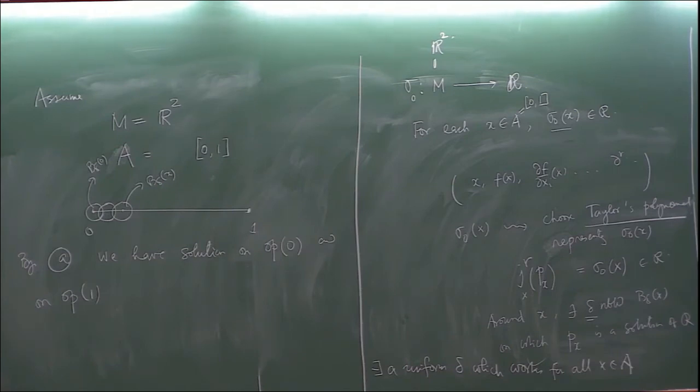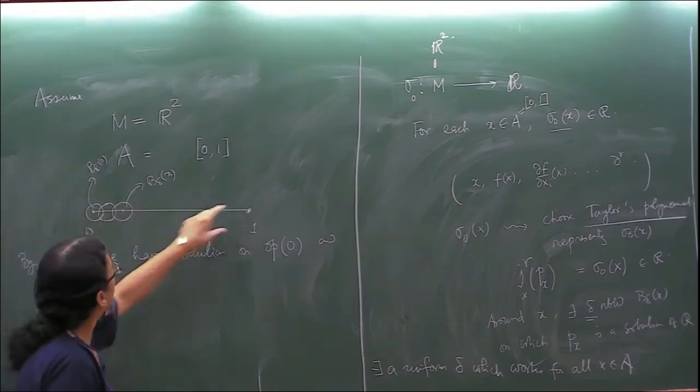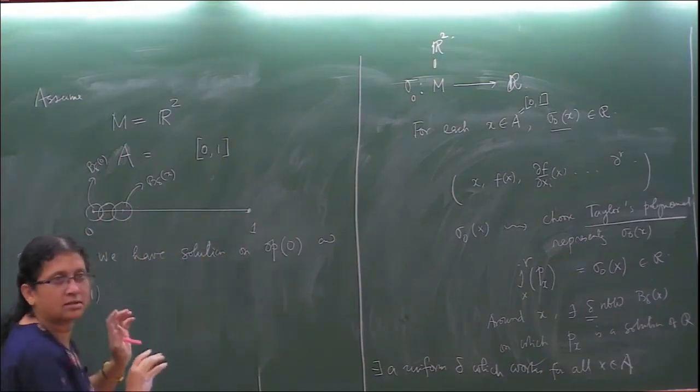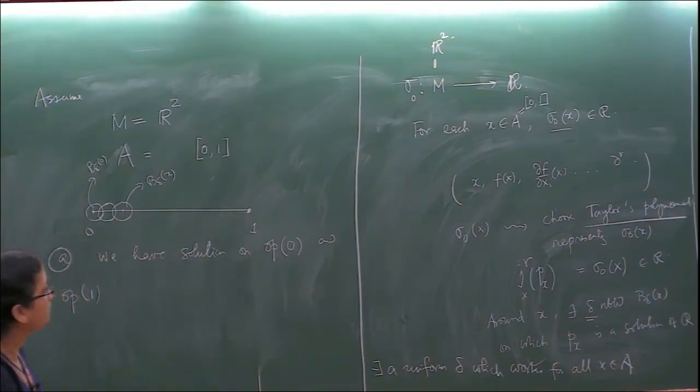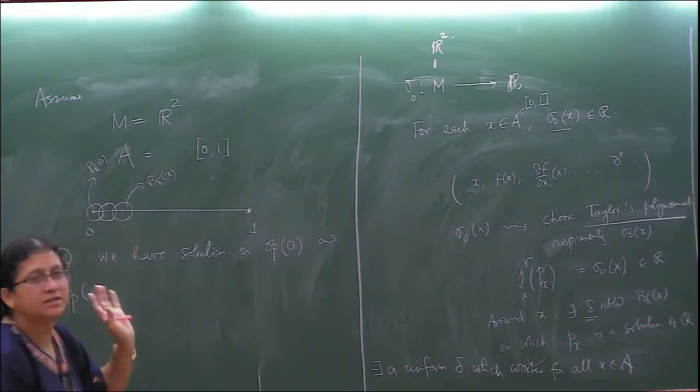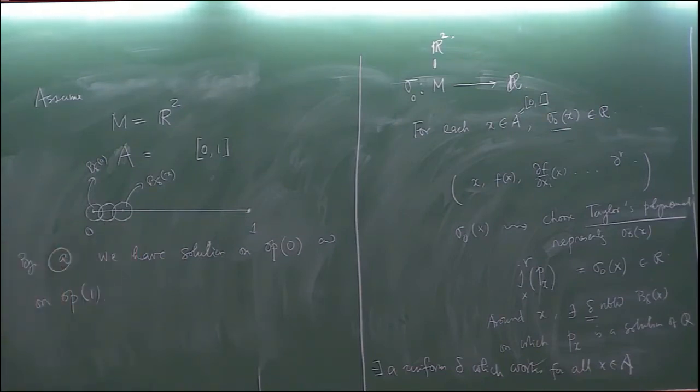I am not right now considering the extension part. I am just saying I will construct a solution on the neighborhood of this. Whether I can keep these ends fixed would be the secondary thing. So now how to patch these things? This is where the second microfibration property will come into play.